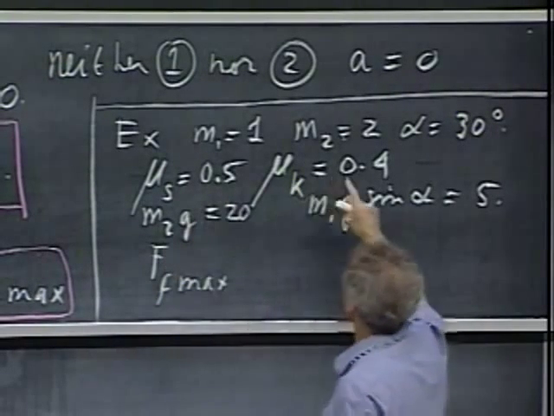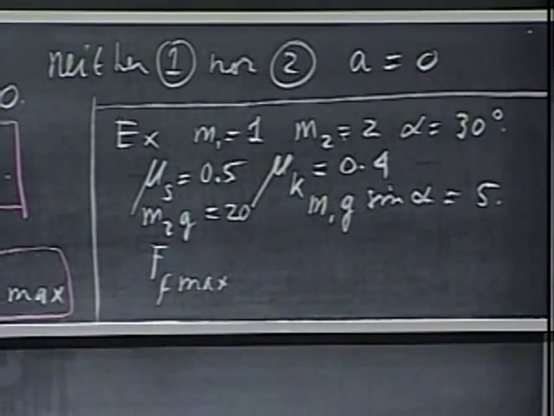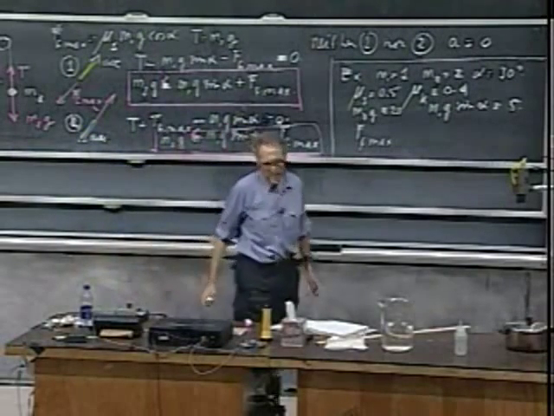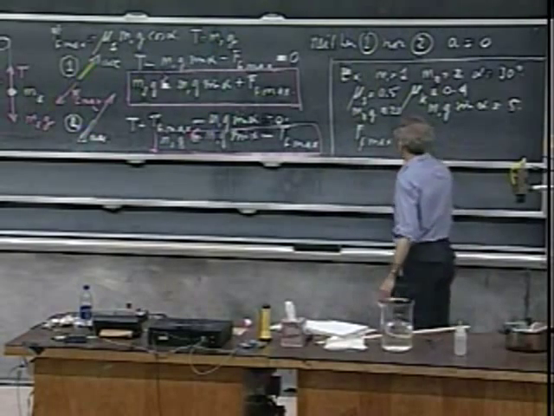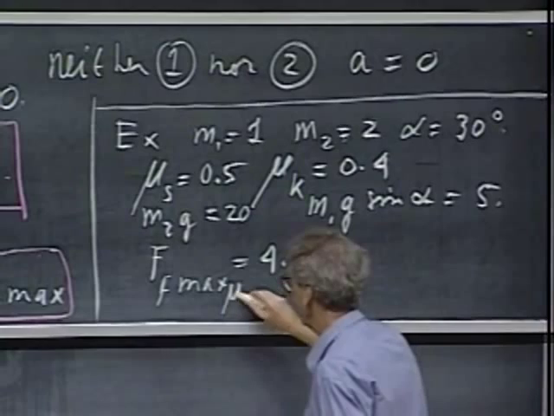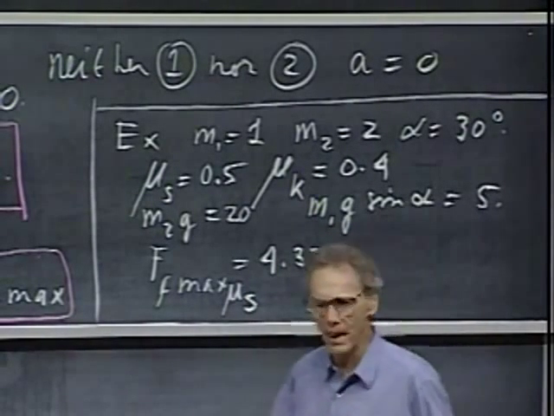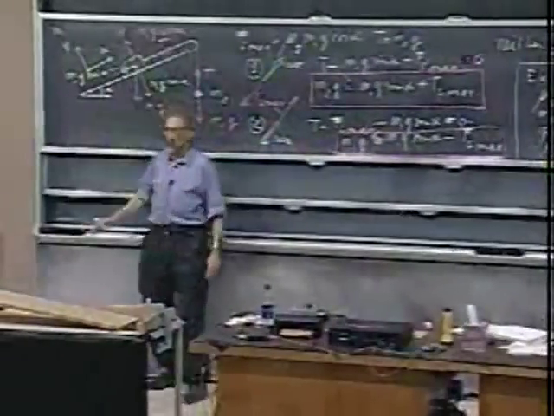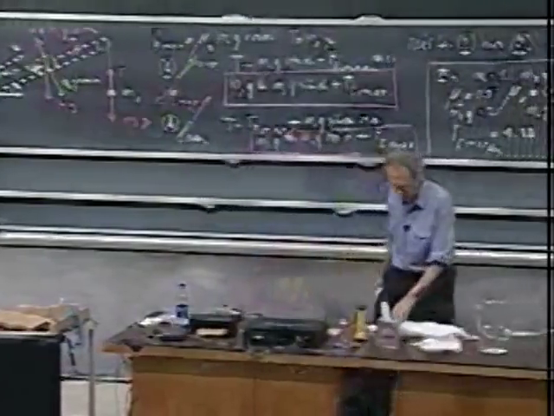I have to use for my friction coefficient 0.5. I have to use for m1 1, here a 10, and the cosine of 30 degrees. And what I find, you have to take my word for it, is about 4.33. And I want to remind you, I have used the static friction coefficient. And this is in newtons. I never put a capital N for newtons because that is very confusing with the normal force. All my units are always in SI units, so the force is always in newtons.